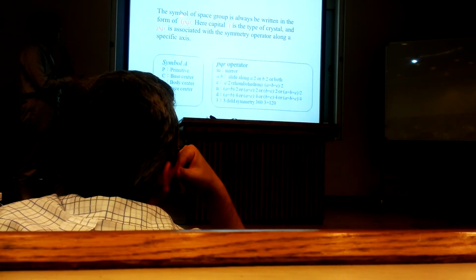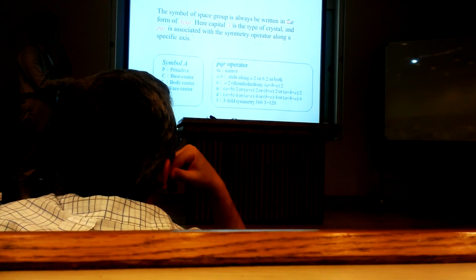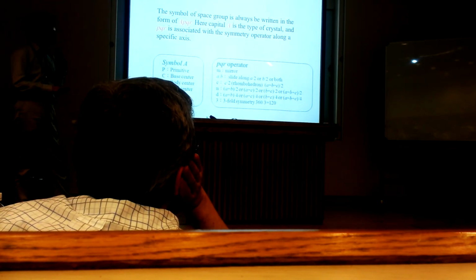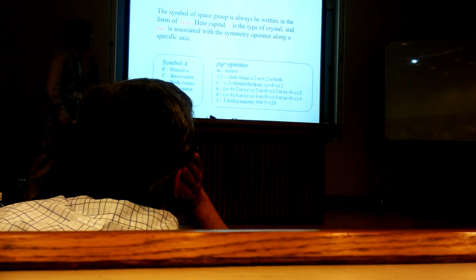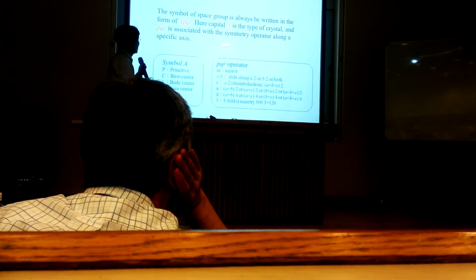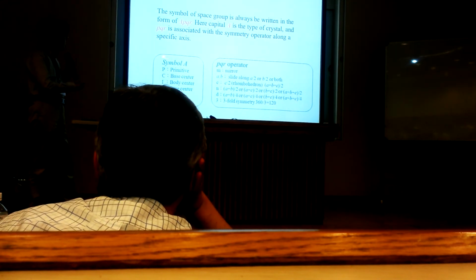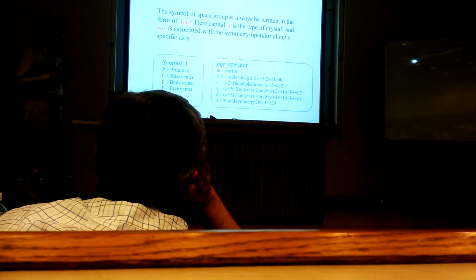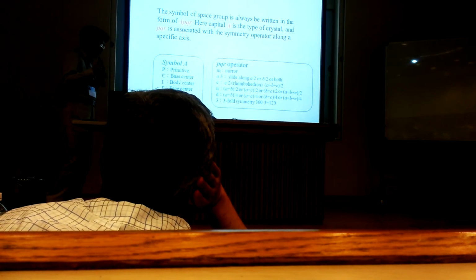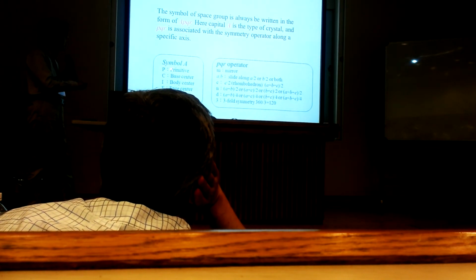The space group symbol will always be written in the form of APQR. Here A is the type of crystal and PQR is associated with symmetry operations along a specific axis. What does this mean? The symbol A represents the crystal type, such as P, which means the primitive cell.